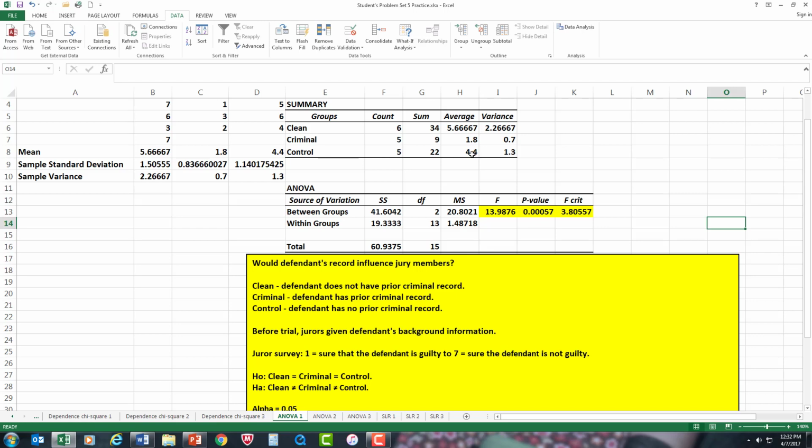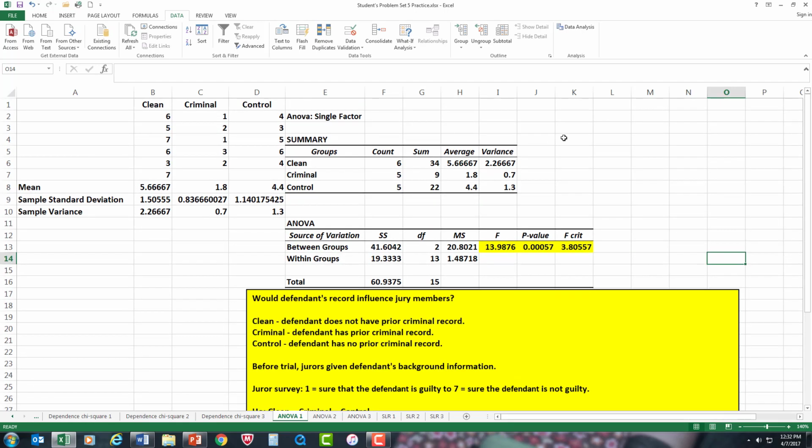Now, Excel does not have what is called a multiple comparisons procedure, or a post hoc procedure, where it will test the mean difference between each of the groups. If you want to, you can do a series of t-tests to do the same.